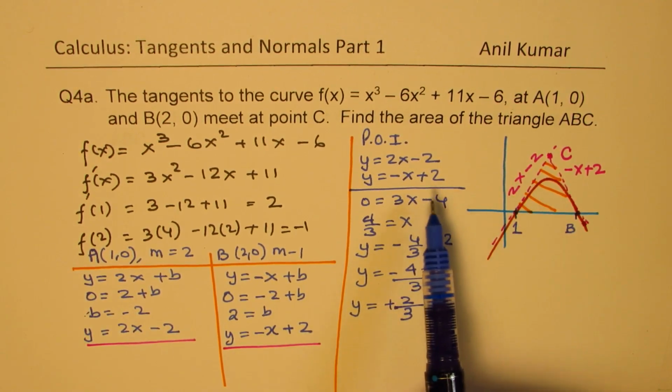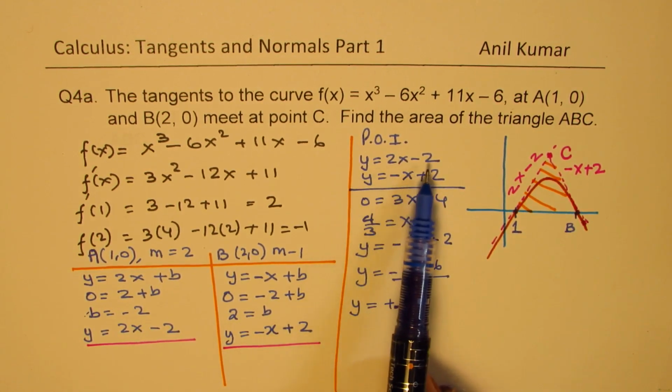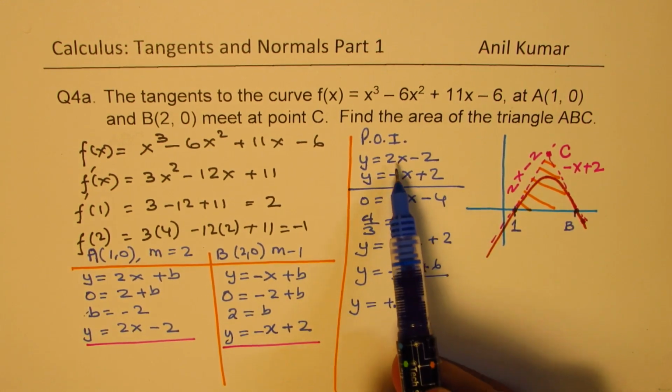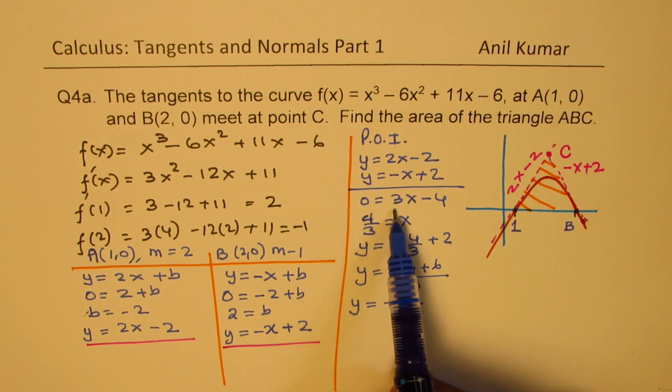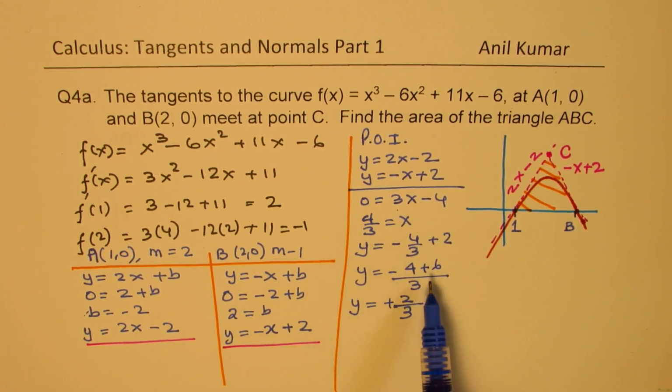Okay. So we had these two equations, one which is y equals 2x minus 2. The other one is y equals minus x plus 2. So 2x minus 2 and minus x plus 2, when I take away one from the other, we get 0 equals 3x minus 4, x equals 4 over 3.